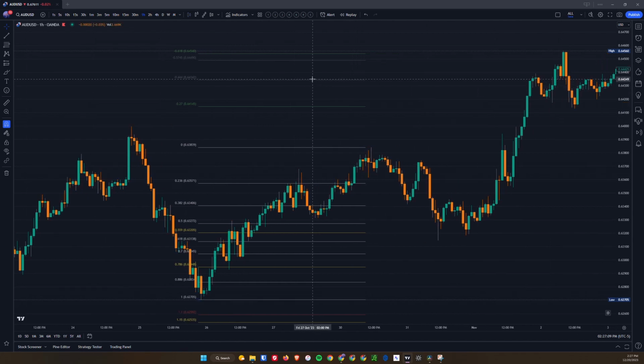Now, this is a custom level that I made up and I picked up over the last few years because I wanted to maximize my profits. And what I realized is that it would always hit in between the negative 0.618 and negative 0.27.